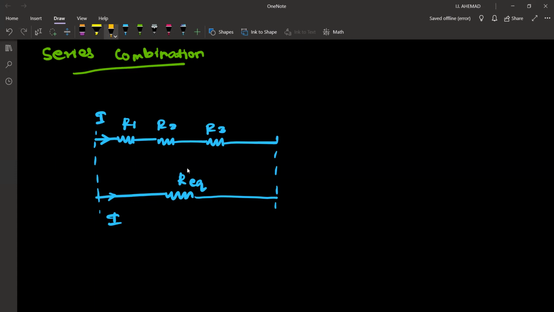So the potential difference across this should be V between these two points. Now each and every resistor has a drop across it. Let's say the drop across R1 is V1, across R2 is V2, and across R3 is V3.